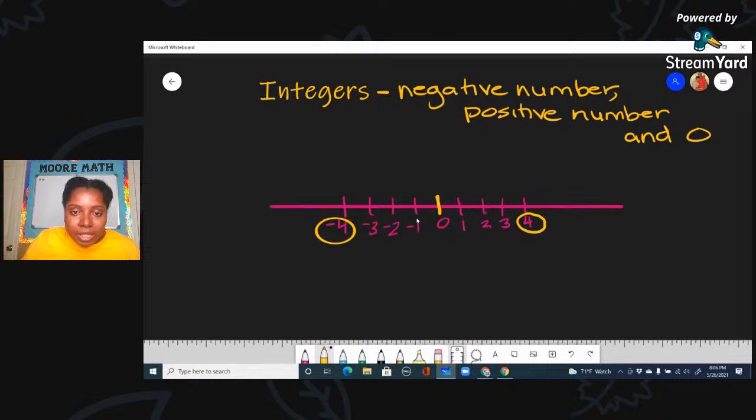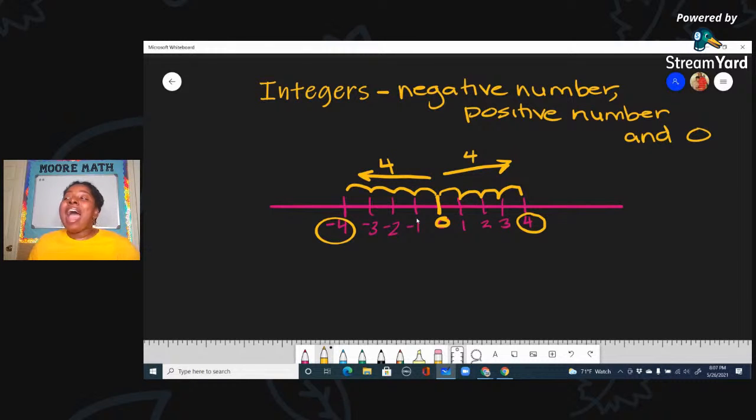Hopefully, you're able to see that 0 divides them. And if I go to the right of 0, 1, 2, 3, 4 spaces, I get to the number 4. So if we go right 4, we're at the number 4. If I go left 4 spaces, I'm at -4.